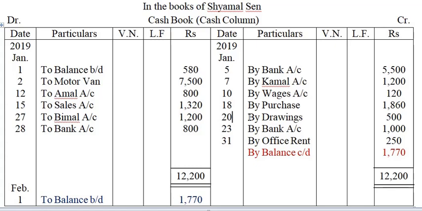And we already know that if an owner withdraws money out of the business for meeting the personal expenses, it is termed as drawings. Okay, so you write by drawings on 20th of January and the amount will be 500.